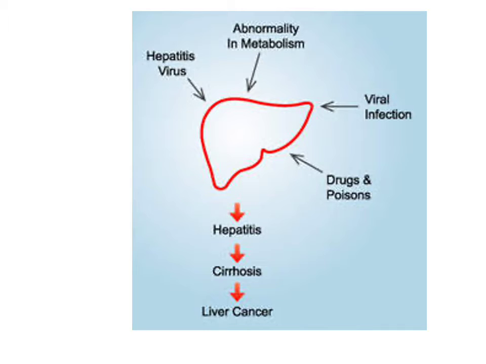You see from left to right around the clock, around the liver clock: hepatitis virus, abnormalities in metabolism, other viral infections, drugs and poisons and xenobiotics, and all of those may result in hepatitis, cirrhosis, and sometimes, or many times in chronic cases, liver cancer.